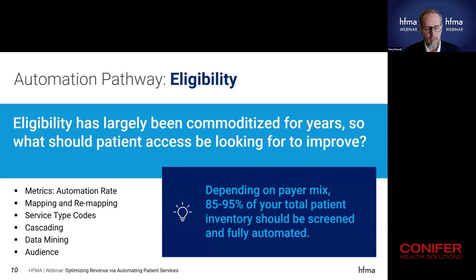If you have data mining and RPA in place to read that 271 alongside the registrar, we can point out that this traditional Medicare patient has an HMO, right? So what kind of stops can you put in place to keep that registration from going forward until they put in that Medicare Advantage plan?